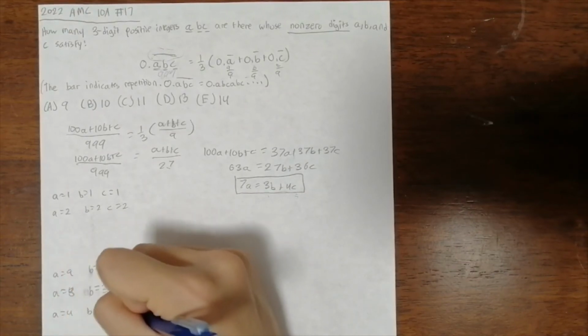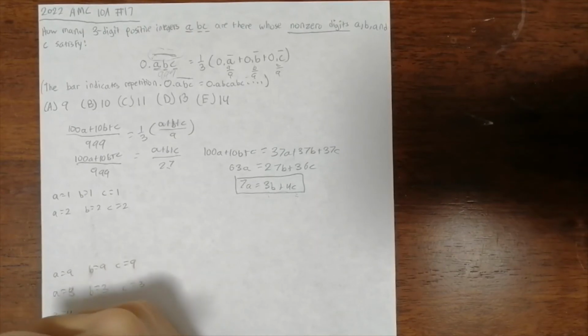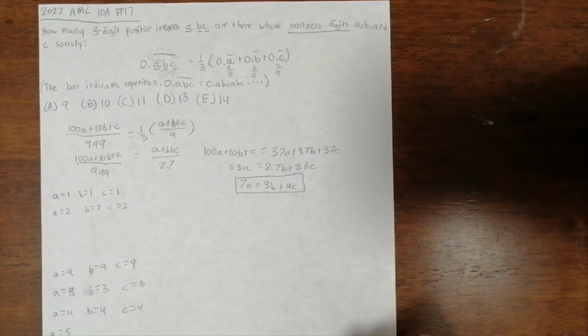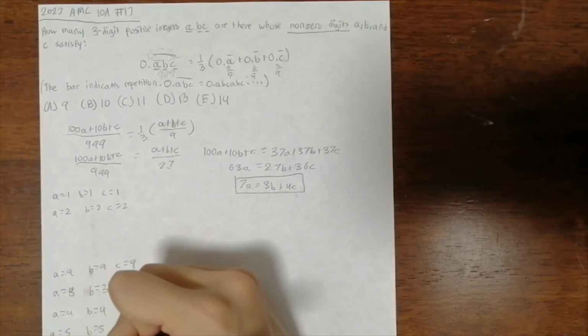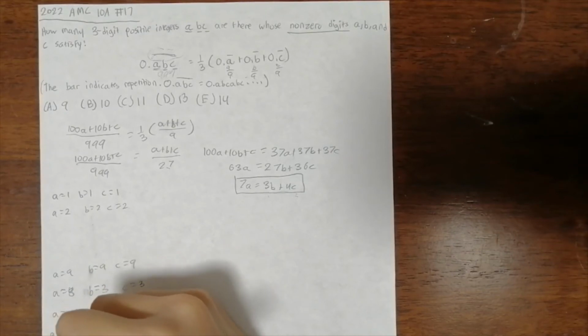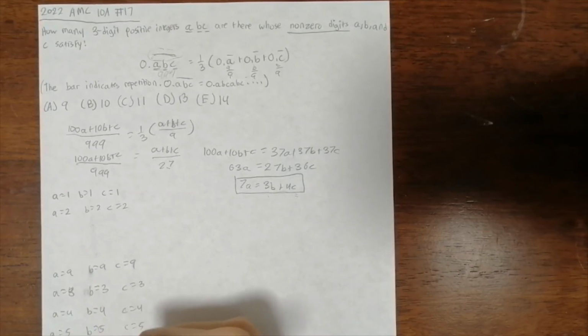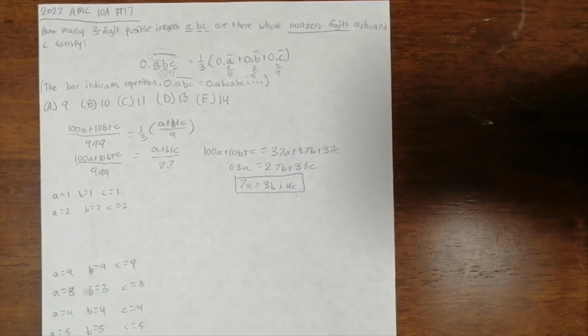A equals 4, B equals 4, C equals 4, and so on up to 9. I'm just writing them all out so it's easier to work. Okay, so these are going to be our solutions.